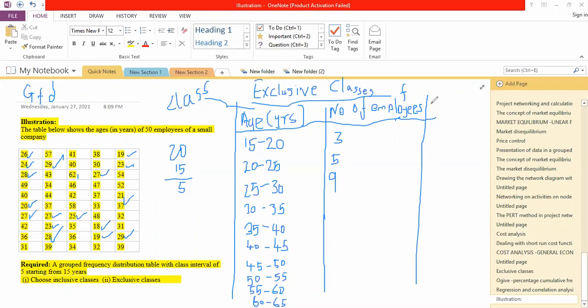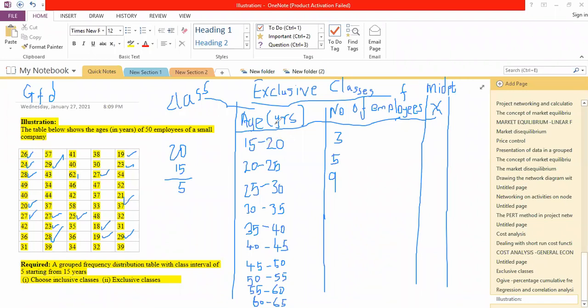If you want to compute the mean of the distribution, what do you require? The variable x given by the midpoint. So what is the midpoint in the first class? 15 plus 20. Don't ignore the value of 15 when you're getting the midpoint.